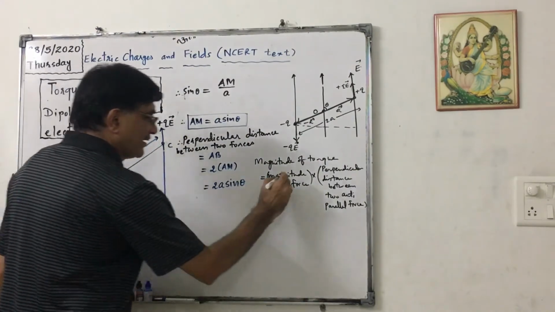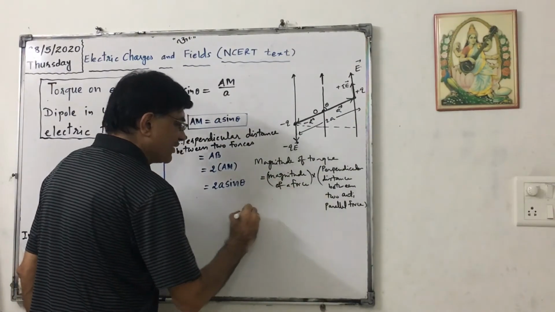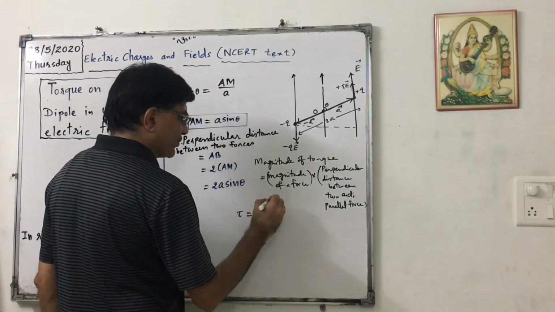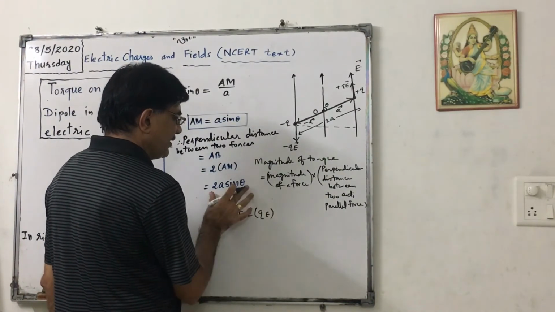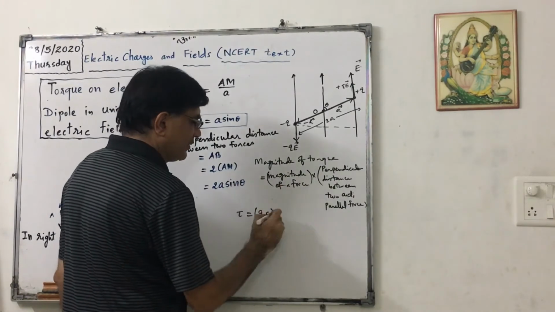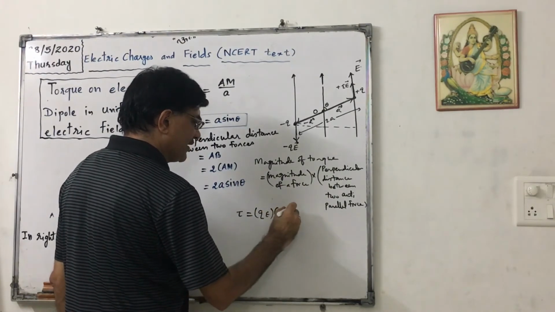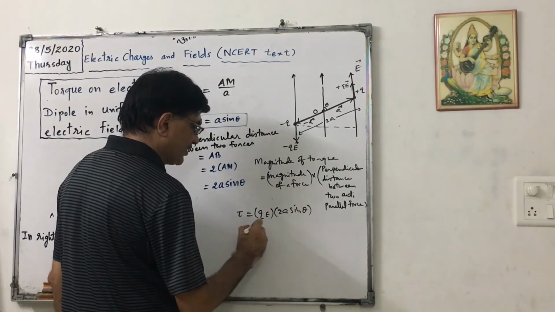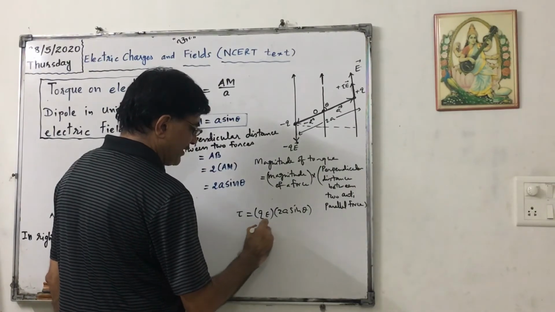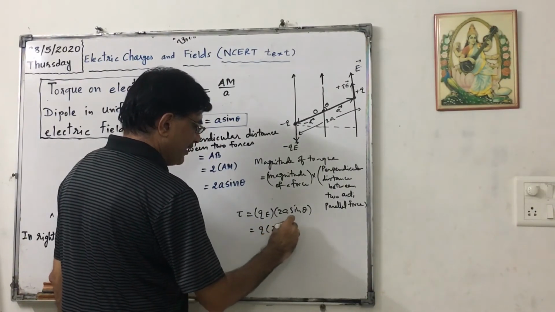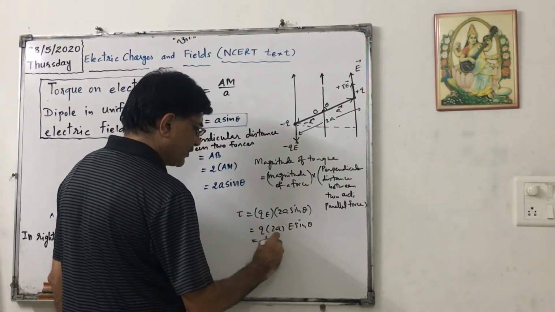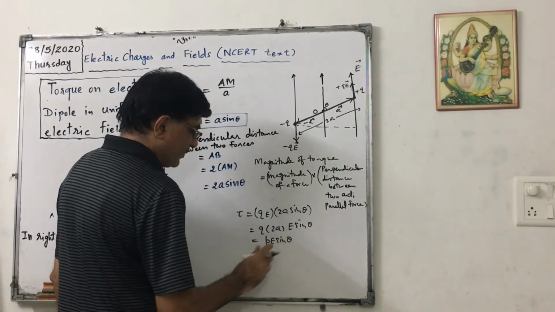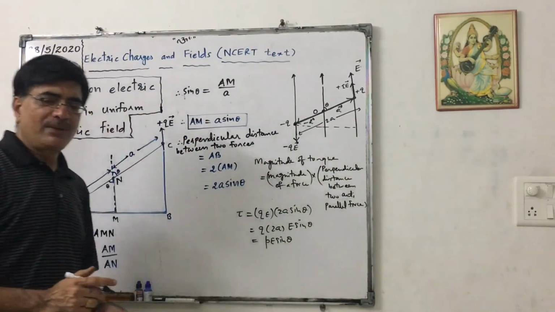From that, putting the value here, tau equals to magnitude of a force that we can consider as qE, and the perpendicular distance between two anti-parallel forces, that is 2a sin theta. Can be written as q into 2a into E sin theta. But we know that q into 2a is p, so pE sin theta. This is the magnitude.